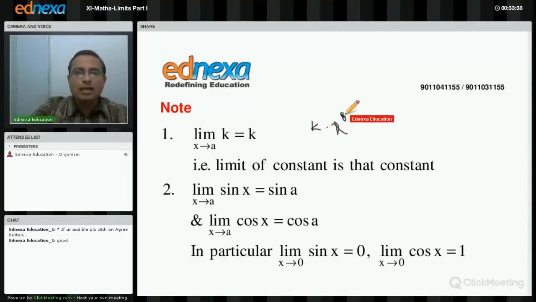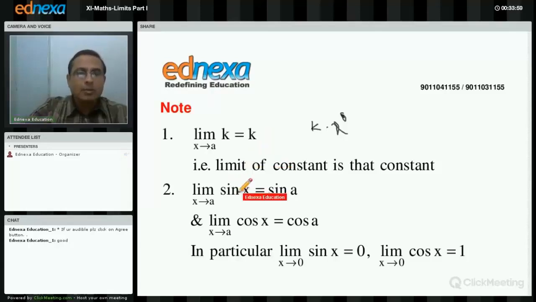But clearly a raised to 0 is 1 if a is not equal to 0. So k into 1, that is k. In other words, as x approaches a, or for that matter any number, k remains k only. That is why it is called a constant. So limit of any constant is that constant only.